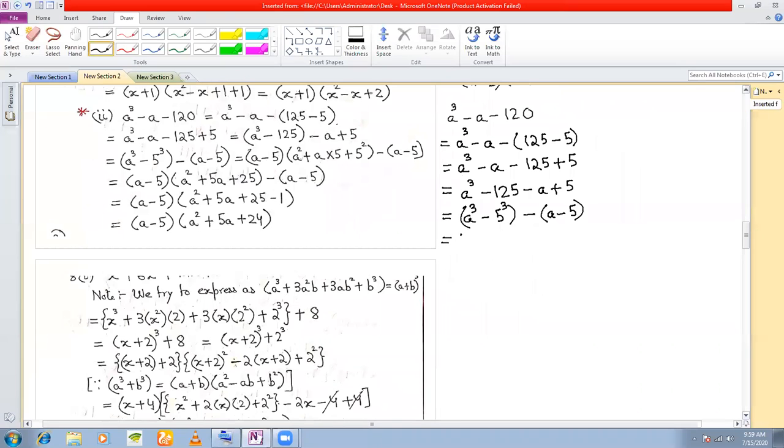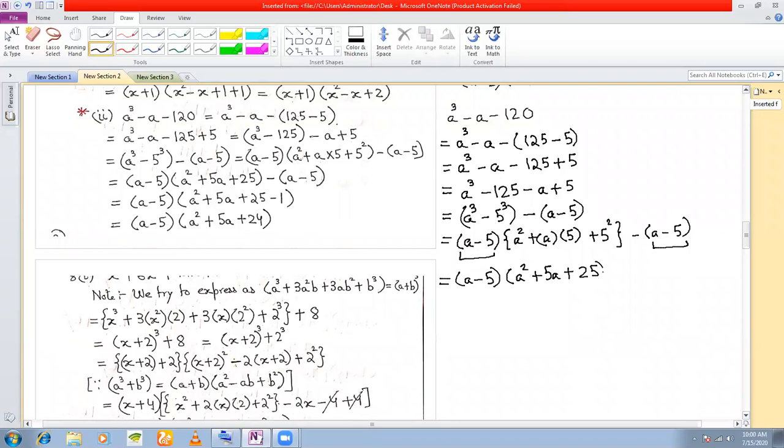This is a cube minus b cube, so this can be written as a minus b into a square plus a b plus b square, minus a minus 5. See, I've got a minus 5 as a common factor, which can be taken out. Let us first simplify before taking out. It is a minus 5 into a square plus 5a plus 25 minus a minus 5. Now I'll take out a minus 5.